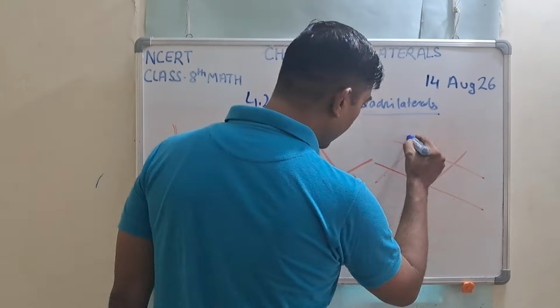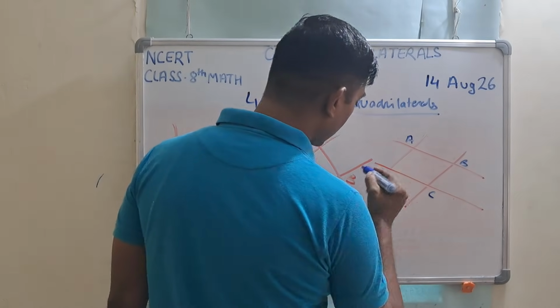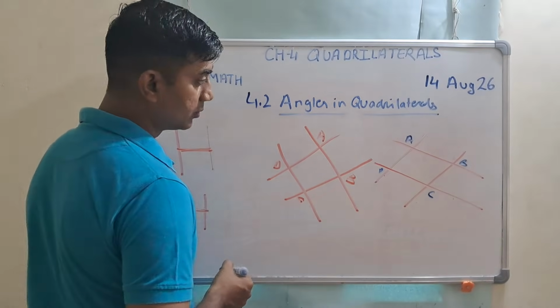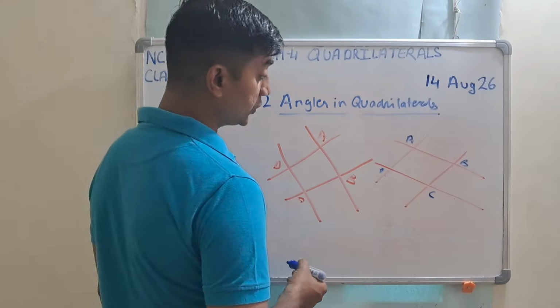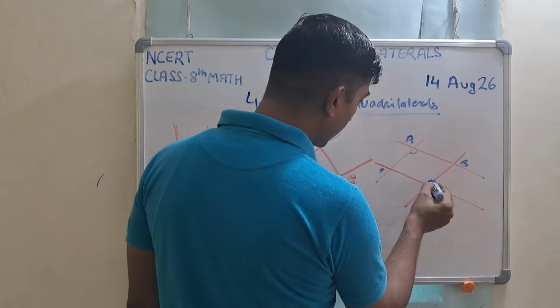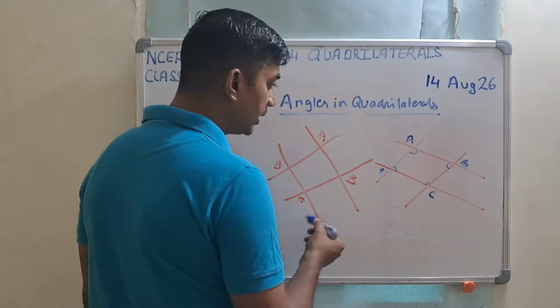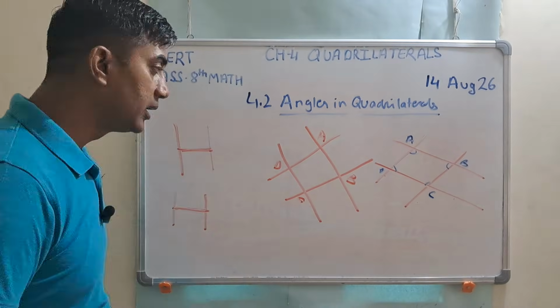They are also forming a quadrilateral, but you can clearly observe that this is an obtuse angle, this is an obtuse angle, this is an acute angle, this is an acute angle, meaning all angles are not 90 degrees.